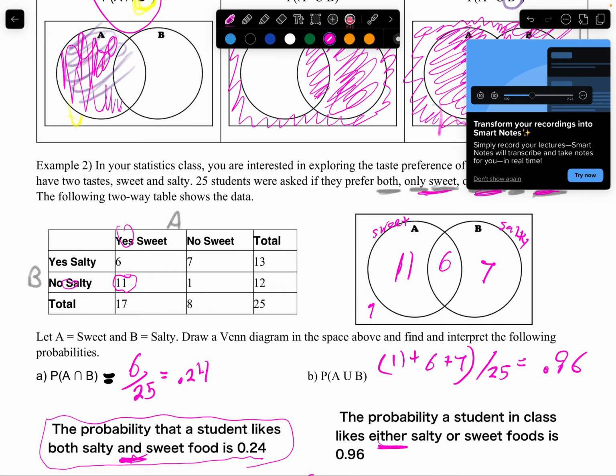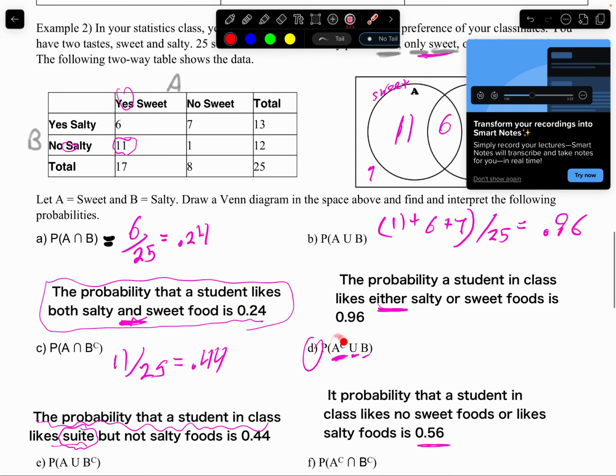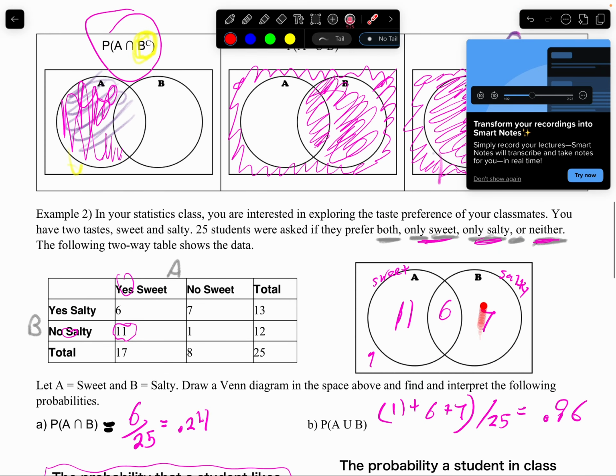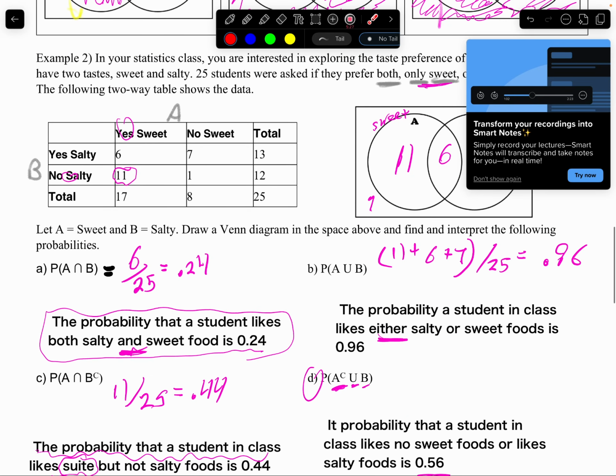So that means this part right here is not in A, and the part on the outside is not in A. Those are in A. We don't want those yet. So if we're dealing with not A, we want to make sure we have the 7 and the 1. So that part is 7 plus 1 plus, and the other part is the B.